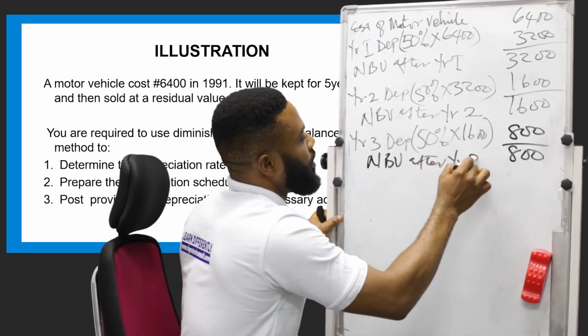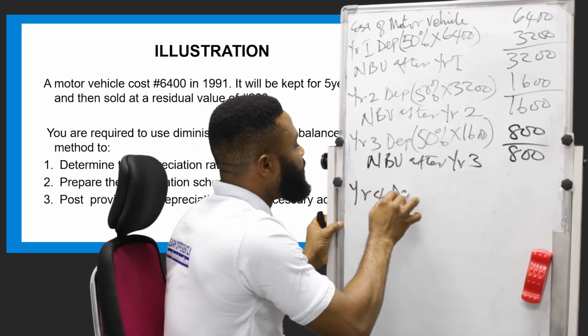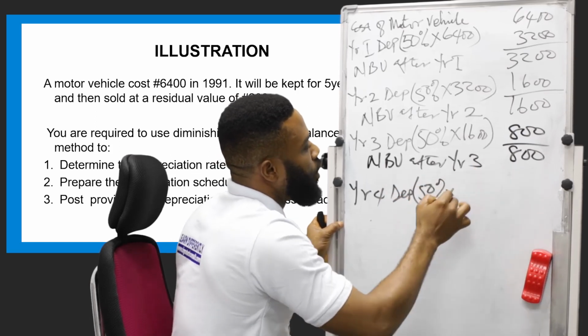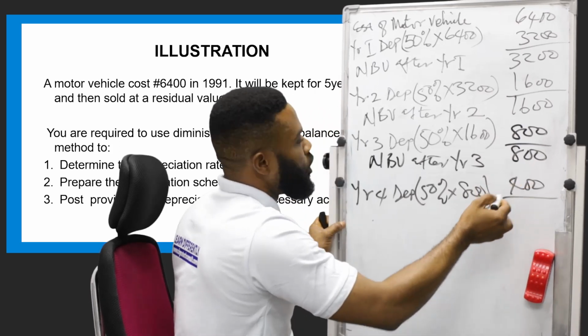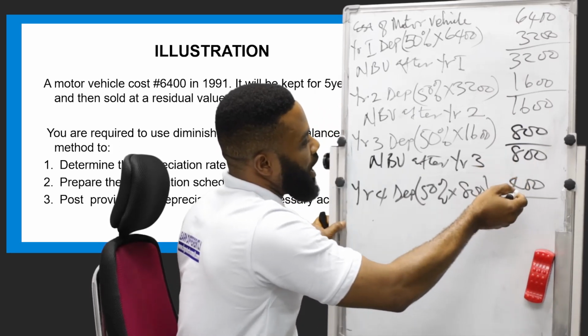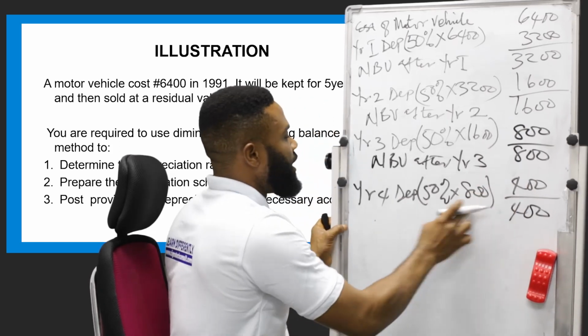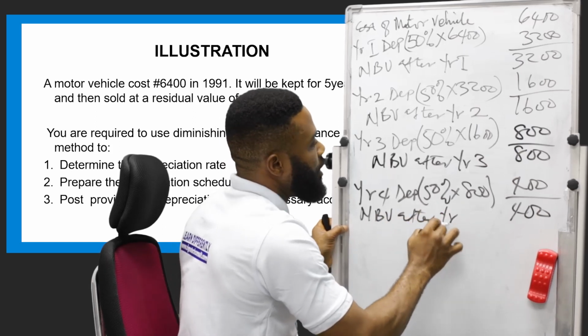what? Year 3. And then you come down, your year 4 depreciation is 50% times what? 800. This will give you 400. If you subtract this from here, you have 400. And this will be your net book value after year what?